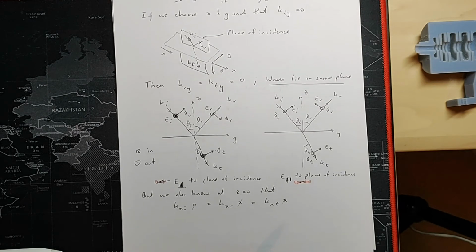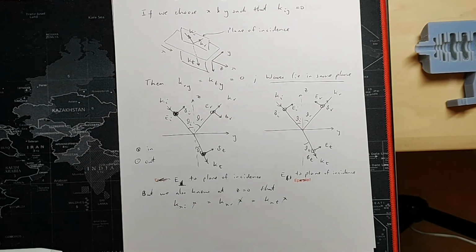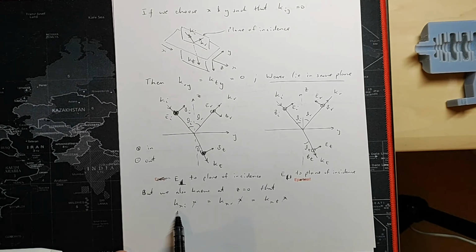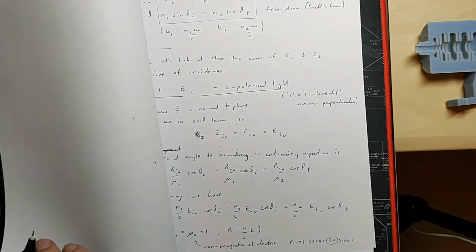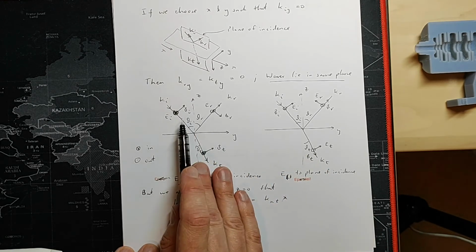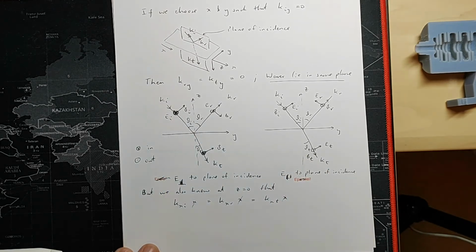Now we also know that at z equals 0, the components of the wave vector in the x direction must all be equal to each other. So those are our way to calculate the amount of EI, ER, and ET. So let's do that.